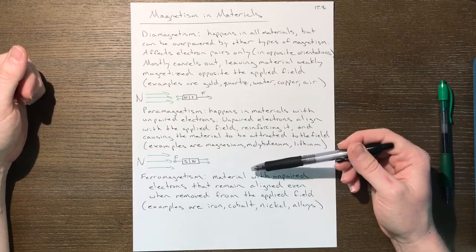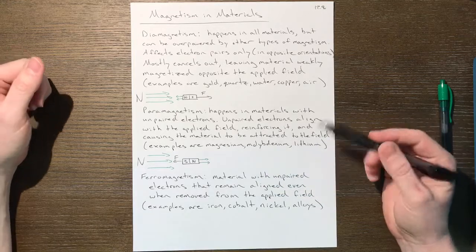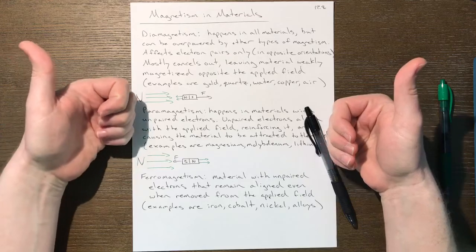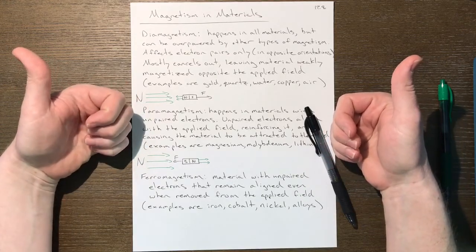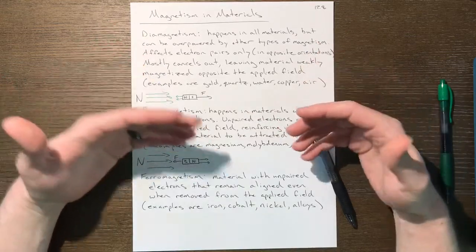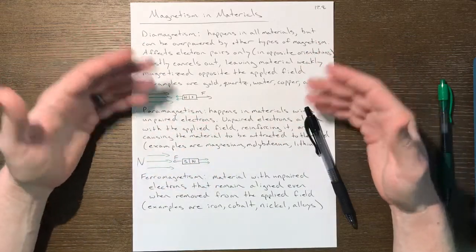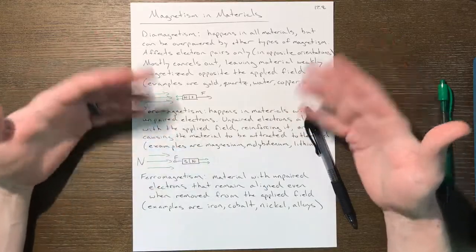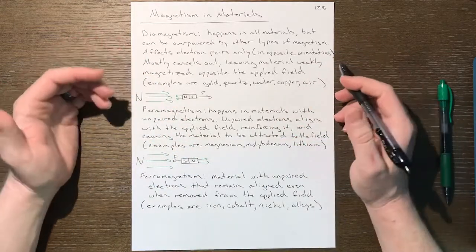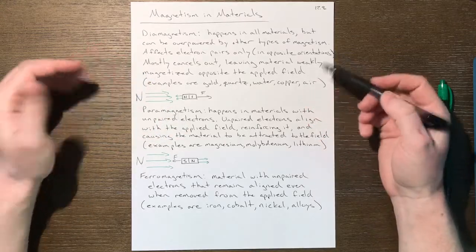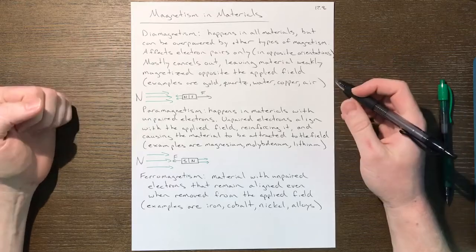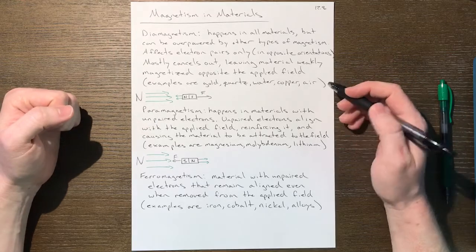Only in ferromagnetic objects, those unpaired electrons remain aligned even when they're removed from that external field. So they can become permanently magnetized, permanent being a rough word there. They eventually fall out of magnetism, but they will stay magnetized for a longer amount of time. You can usually remove it by heating them up. You can help keep it magnetic by keeping it cold.